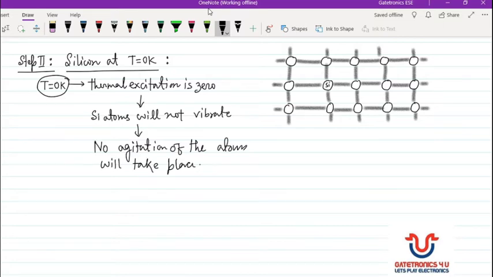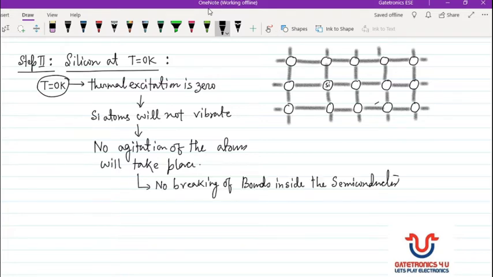Since there is no agitation of atoms inside the semiconductor material at T equals to 0K, there will be no breaking of bonds inside the semiconductor. Since there is no breaking of bonds, we can say no free electrons will be generated.